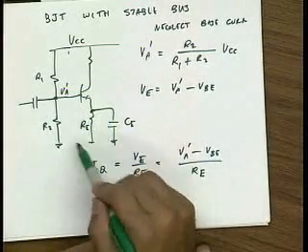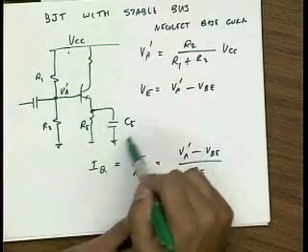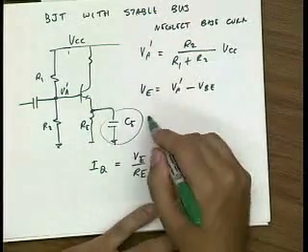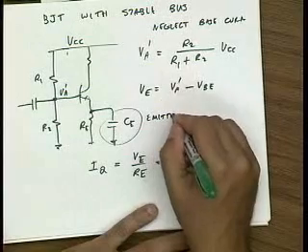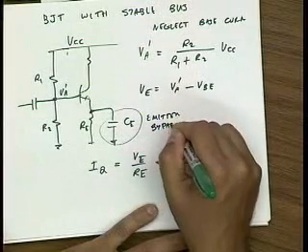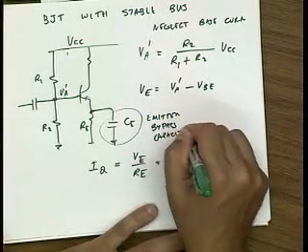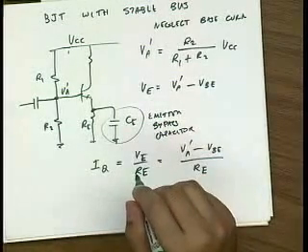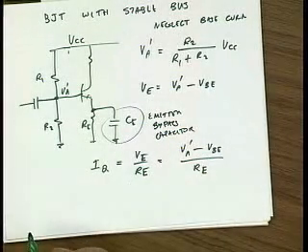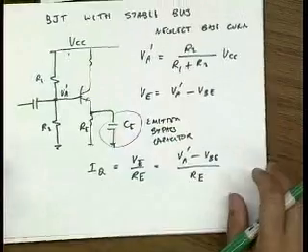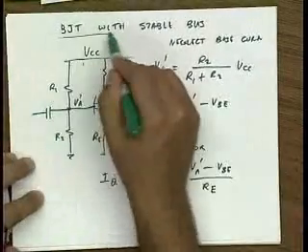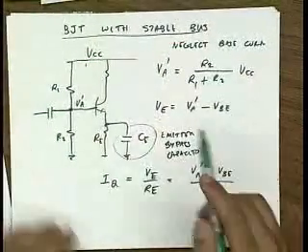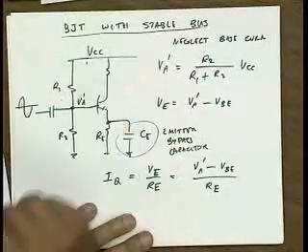Of course, this would reduce my gain, so I use a bypass capacitor here. This is an emitter bypass capacitor. The reason I claim this has a stable bias is that imagine I bring in a large signal here.